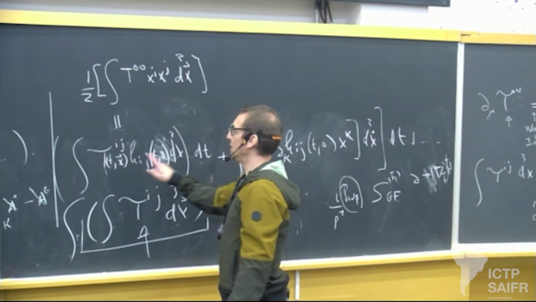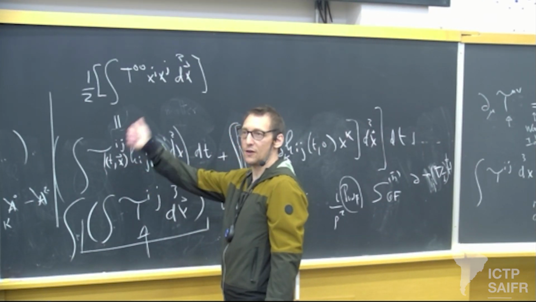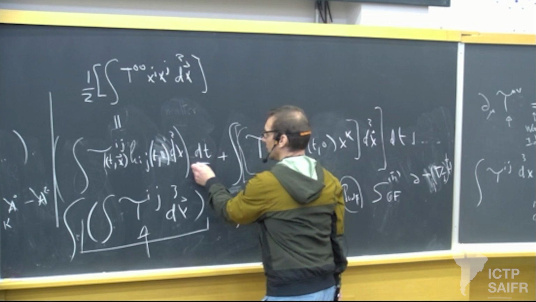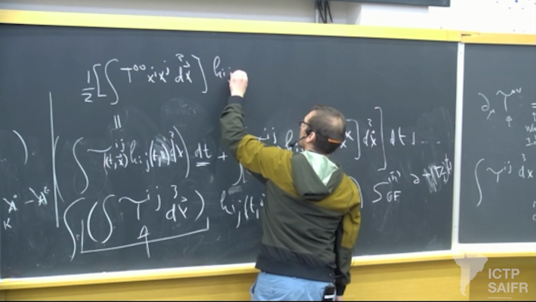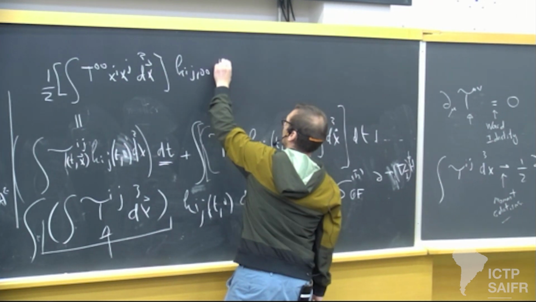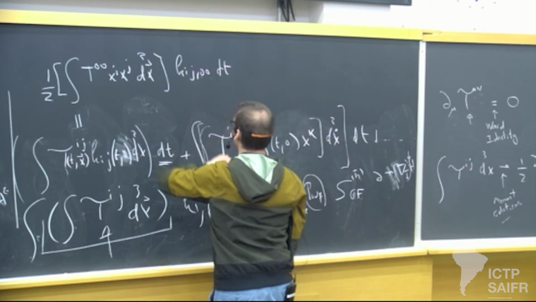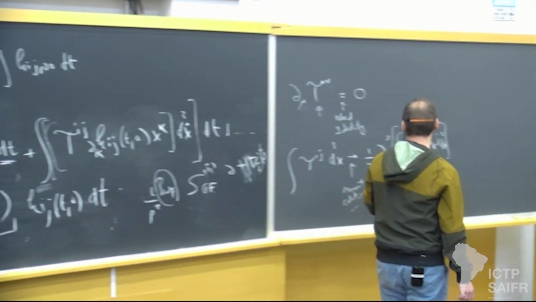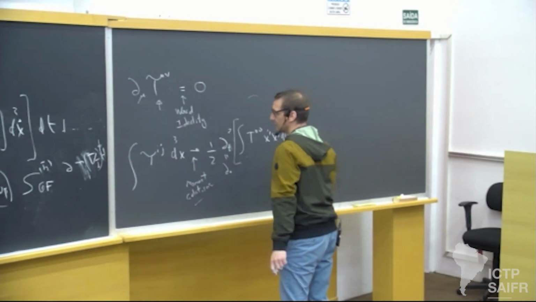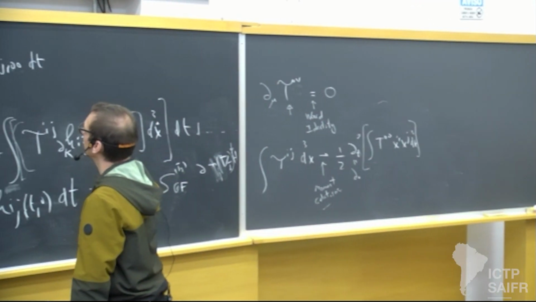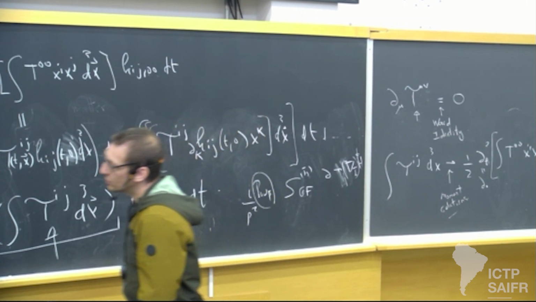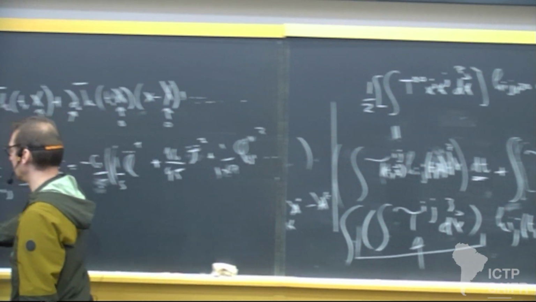But since there is a dt, I can put those derivatives into the hij by integrating by parts using this dt. And then I get dt. That's what the zeros, dt. And now I look, that starts to look like this.